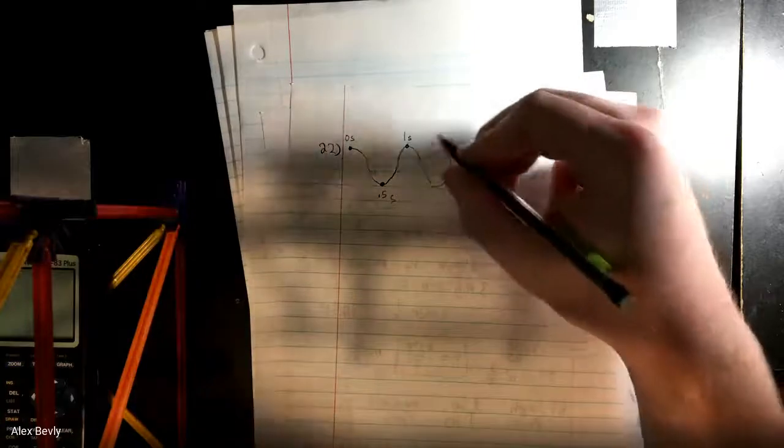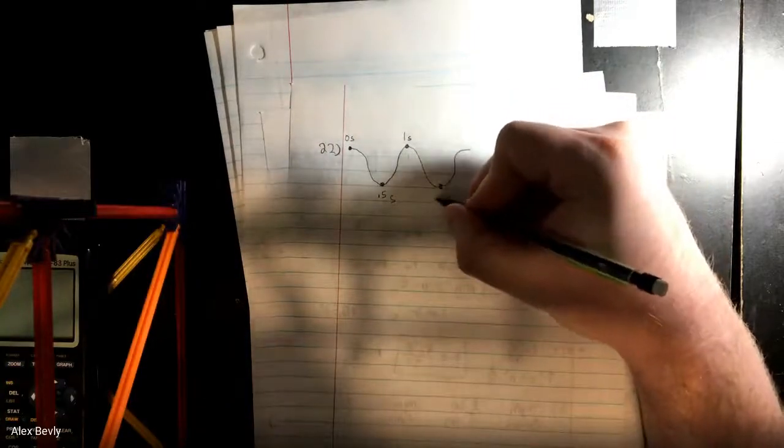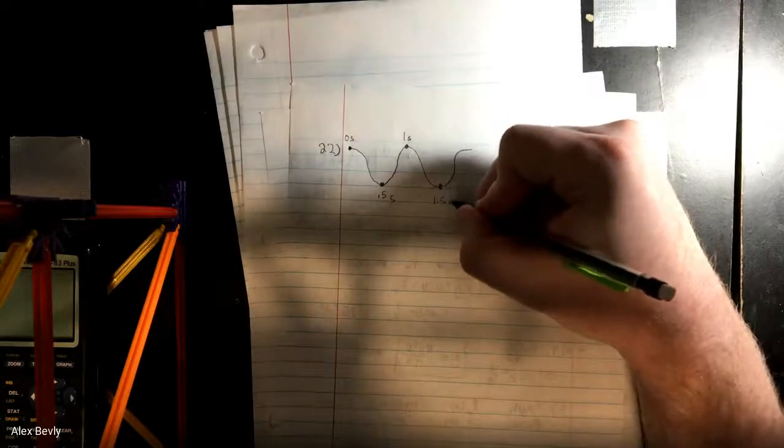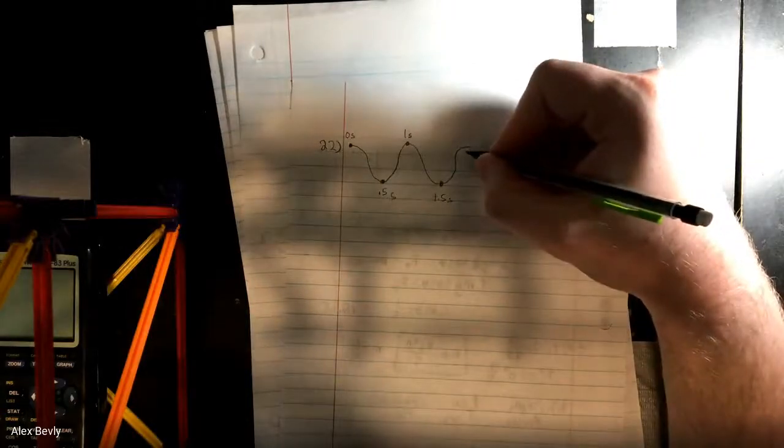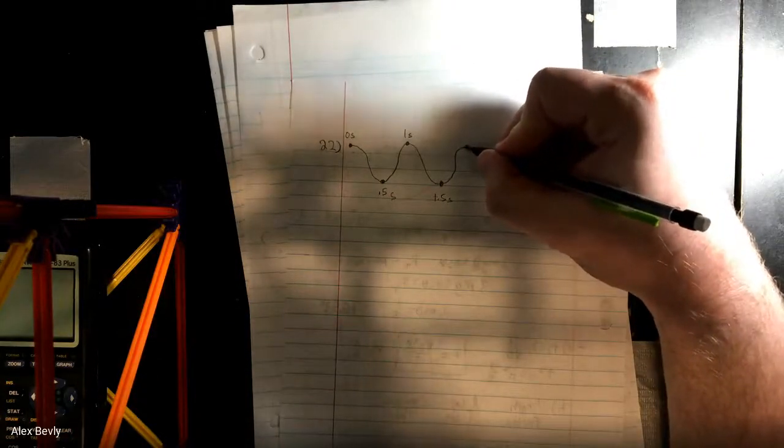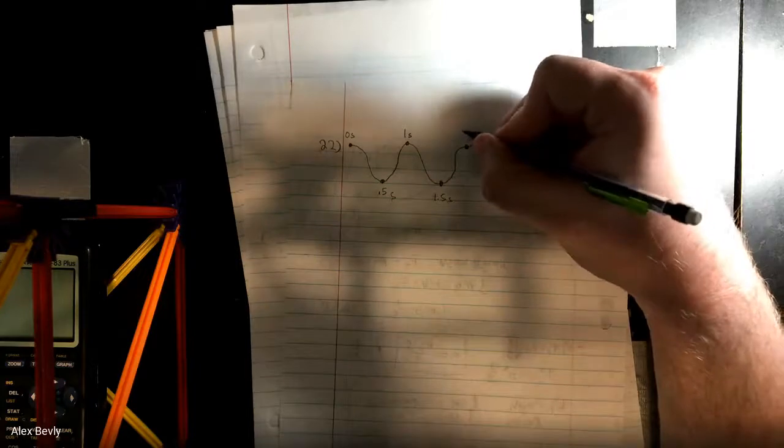So it's pretty much saying every half second, 1.5 seconds, I'm experiencing maximum acceleration. True or false? Yeah, why is that true?